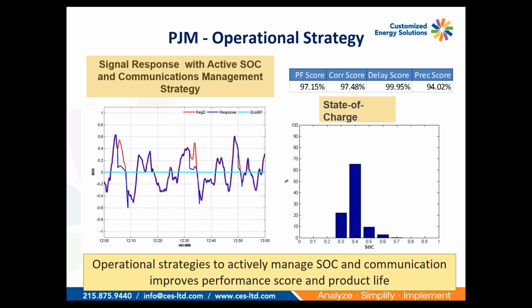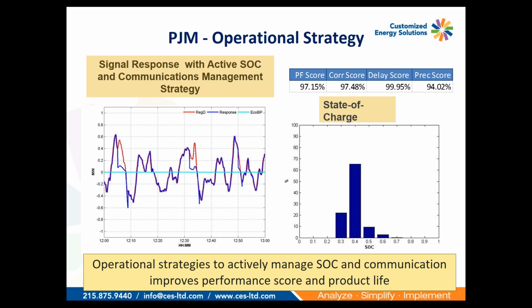But given the recent changes in PJM, maximizing the performance score has become more important because it is directly affecting whether the resources are getting cleared or not. So to optimize, one needs to understand the markets well as well as the technologies well. So this is one of the strategies where we manage state of charge and also a communication delay, and some of you may be familiar with how PJM measures that.